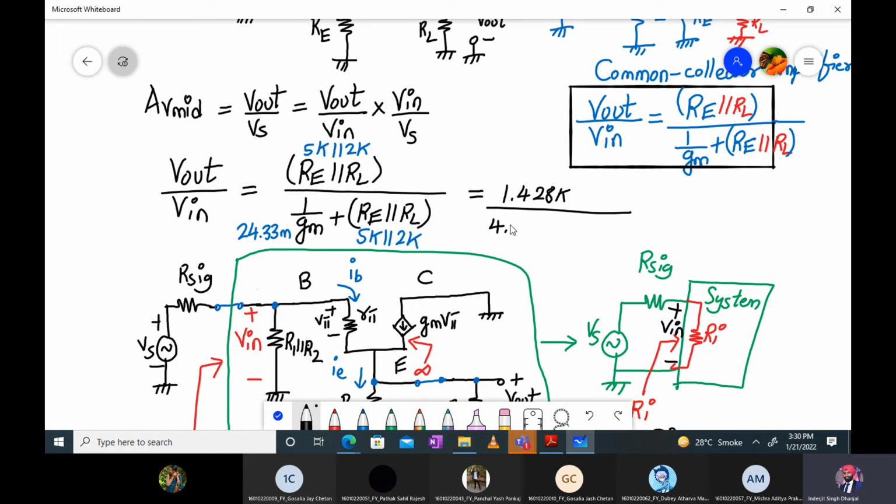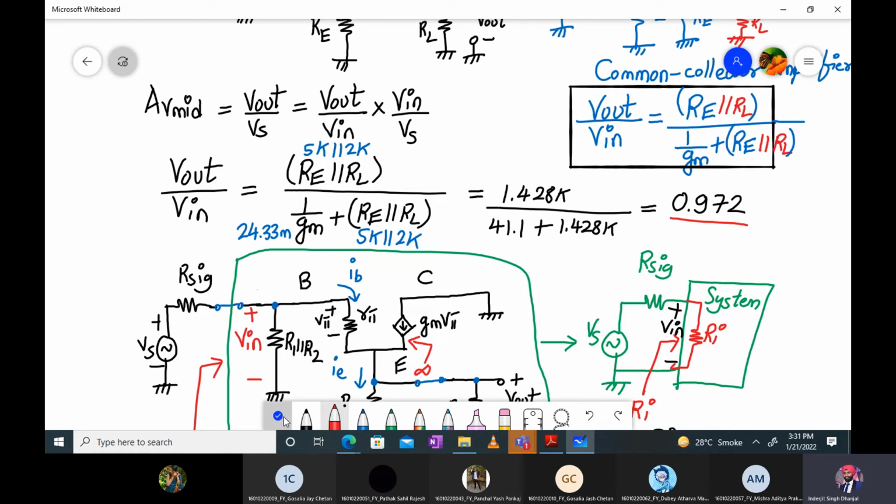That will be 41.1 ohms, and it will be 1.428 because again we have over here Re parallel to RL, that is 1.428. So this fraction will be almost equal to 1, and it will be 0.972. So that's the value of Vout upon Vin which we get.